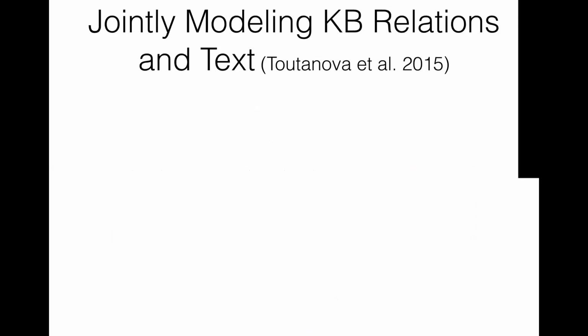Another interesting thing is not just using the text to perform relation extraction, but why not also take into account an existing knowledge base? If we already have a relational knowledge base.